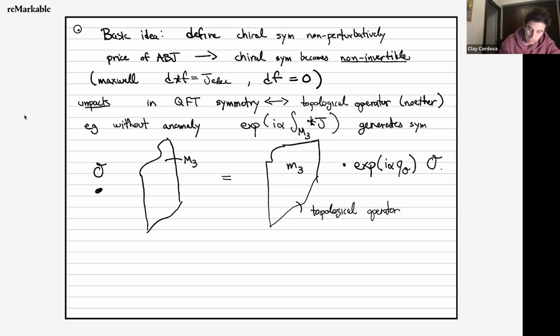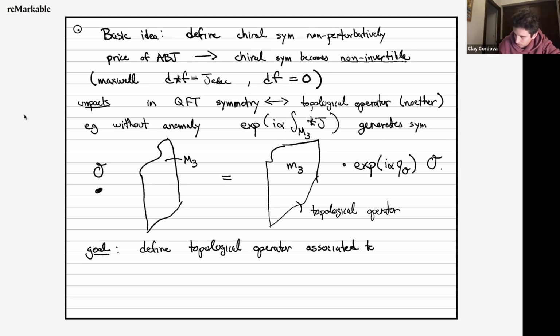So our goal, technically, is to define, construct, discover a topological operator associated to the anomalous J, the ABJ anomalous J. That's what I'm going to try to do. Any questions about this?